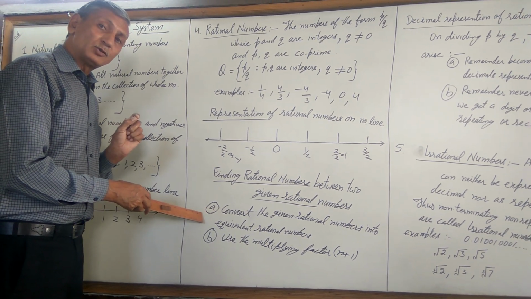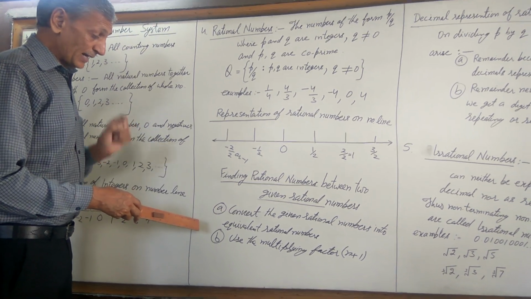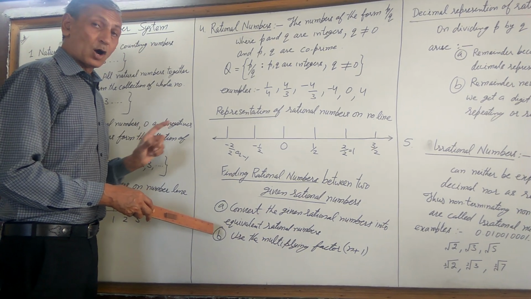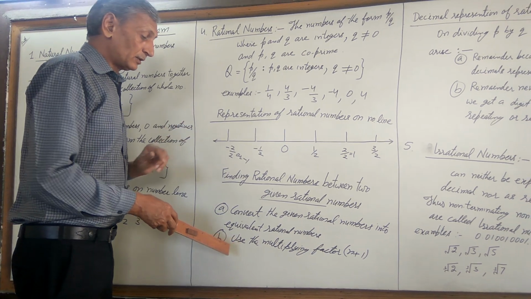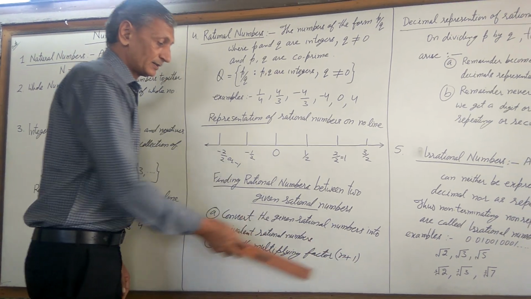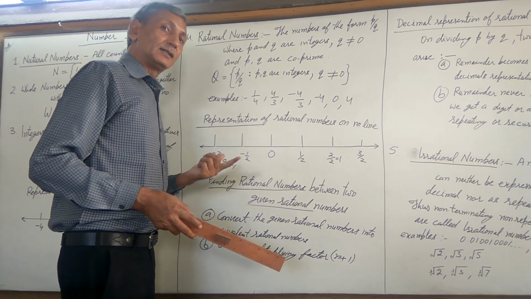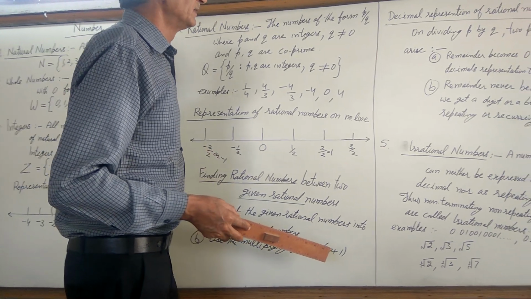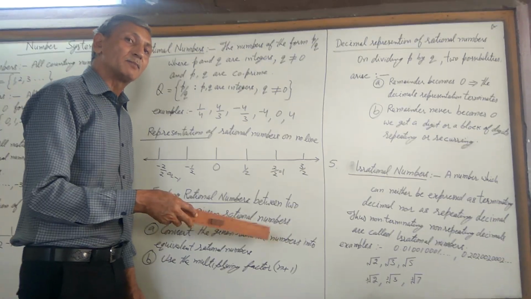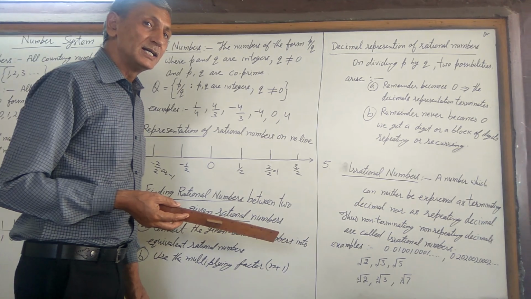That means you have to equalize the denominator, and having equalized the denominator, the multiplying factor will be n plus 1. You have to multiply by n plus 1 as well as divide by n plus 1. Supposing you have to find 5 rational numbers, in that case n plus 1 becomes 6. So you will multiply and divide by 6.